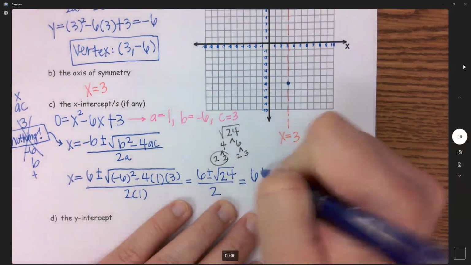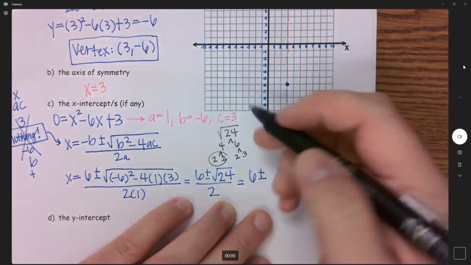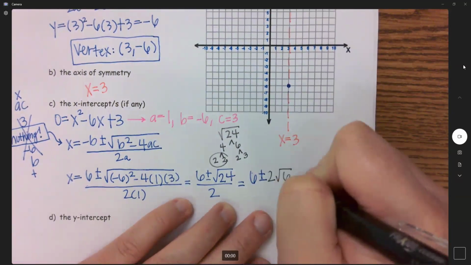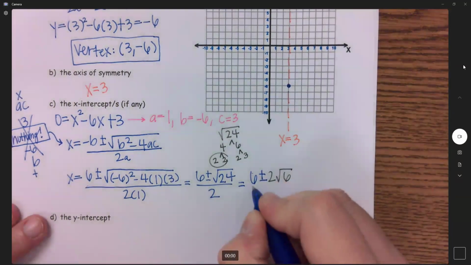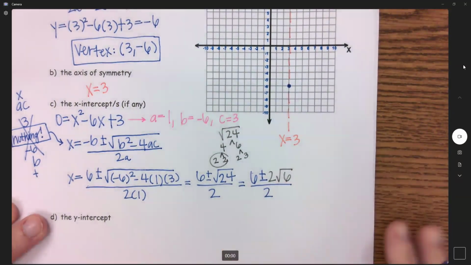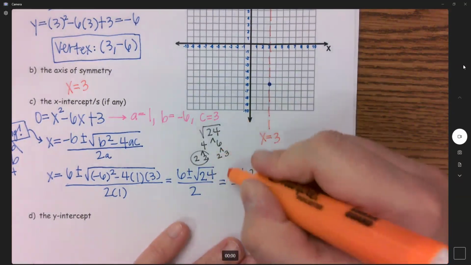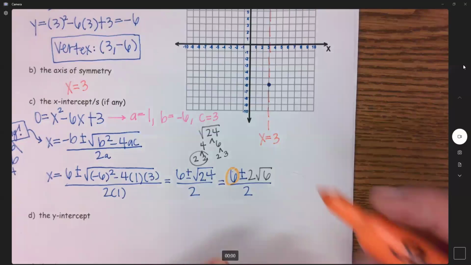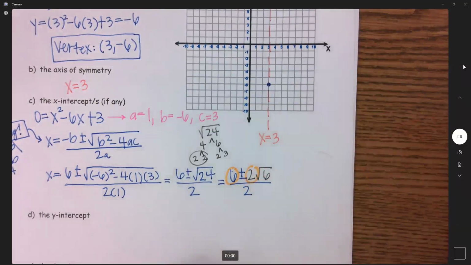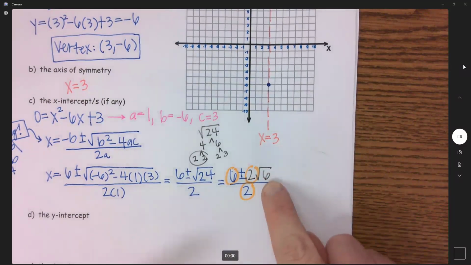So this equals 6 plus or minus 2 square root 6 all over 2. And it can be simplified one more step. We're looking at only 3 numbers, so be careful here. What's in front of the plus or minus, what's behind the plus or minus, and what we're dividing by, not what's under that radical.